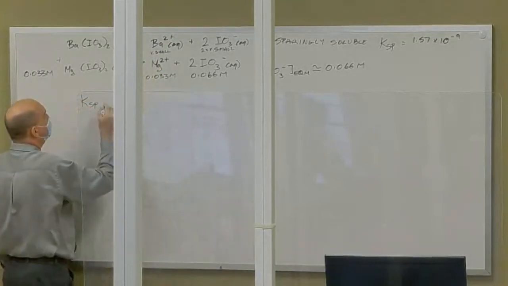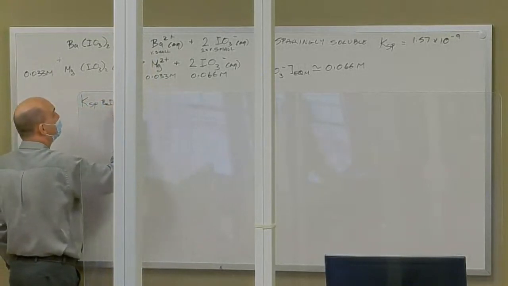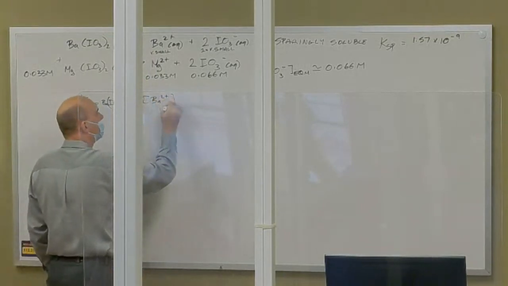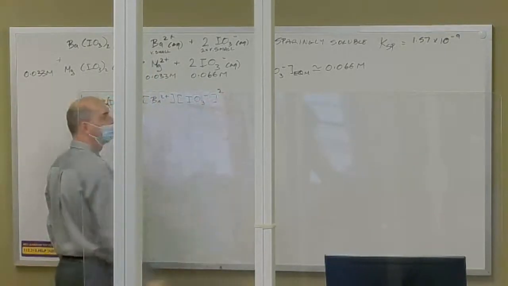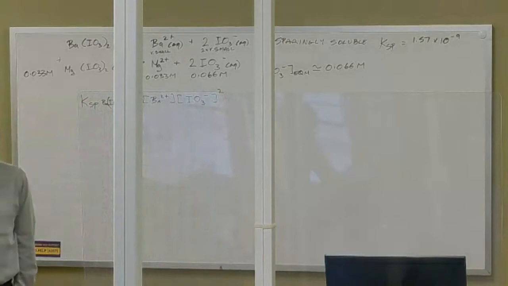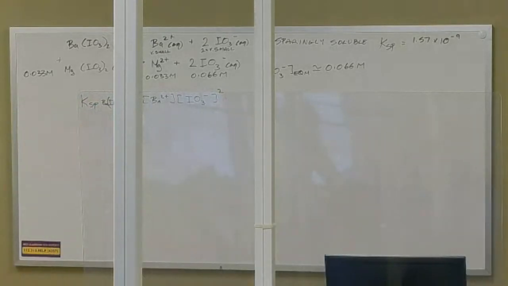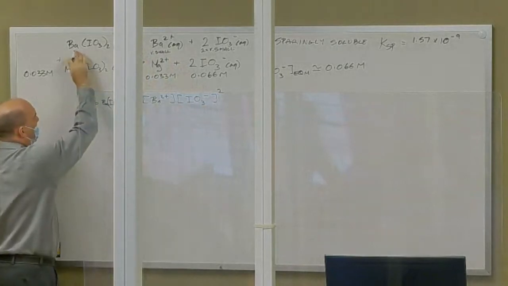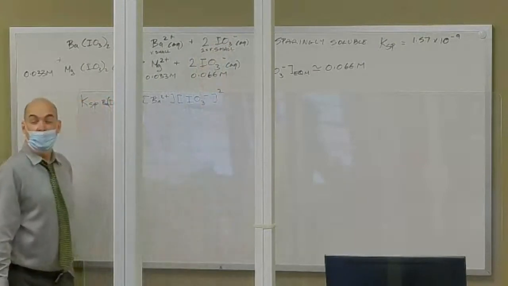So the KSP for the barium iodate, we look at our equilibrium expression, and it says a barium iodate becomes a barium 2+ and 2 iodates.